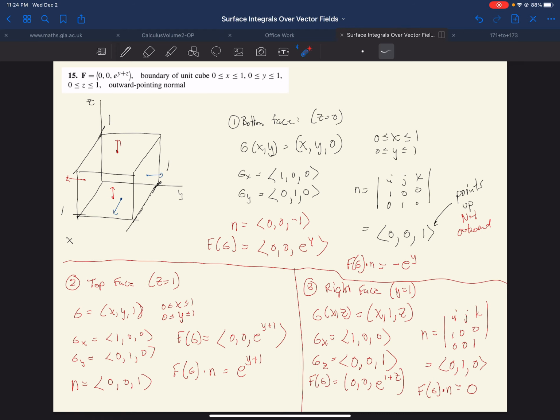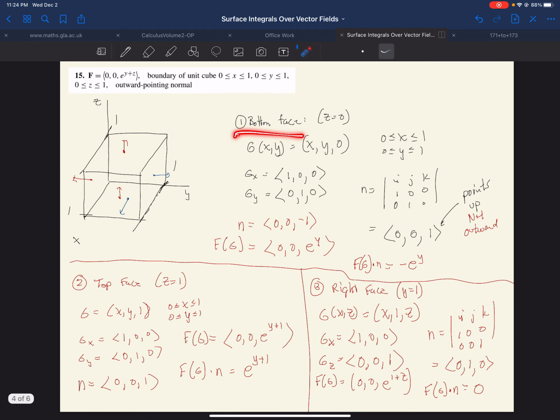And we're going to go through it. So here it is. The bottom face, that's the floor of this box. What I do know about the floor is that z is 0 on the floor. So my parameterization then would be let x be whatever, let y be whatever, but z has to be 0. And then to limit it, I know x goes 0 to 1 and y goes 0 to 1.